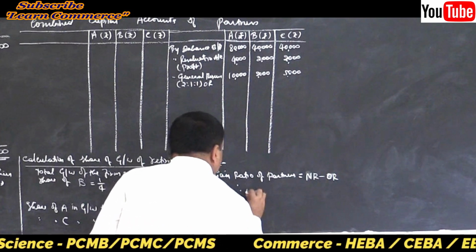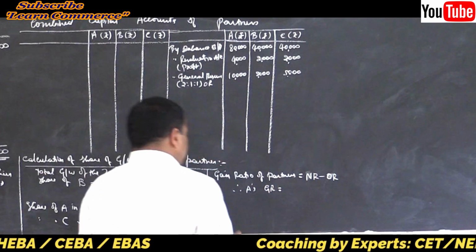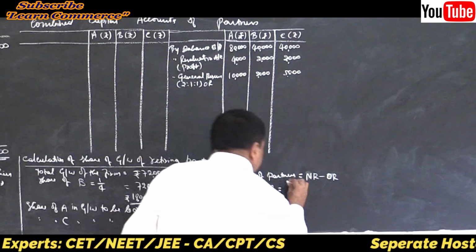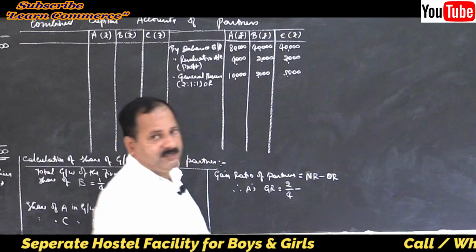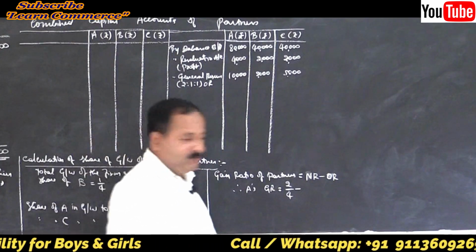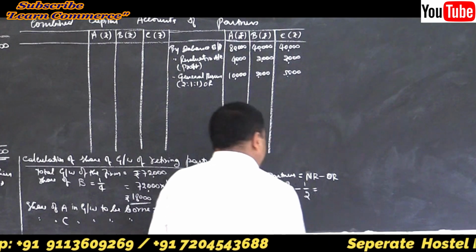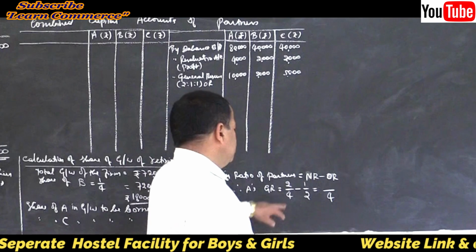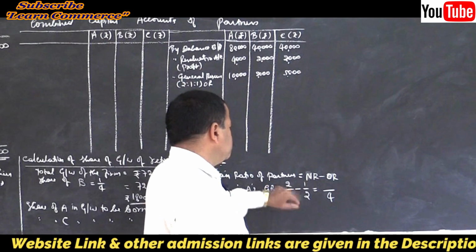Therefore, A's gain ratio is equal to his old ratio, 2 by 4, minus new ratio, 1 by 2, which is 2 by 4. 2 minus 2 is equal to 0.